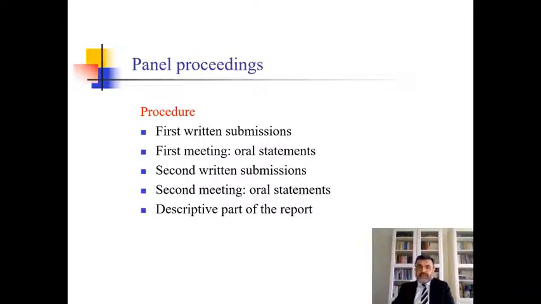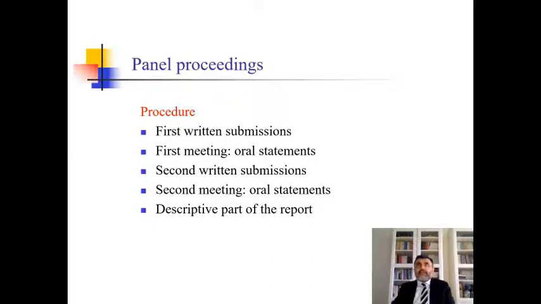The parties will make their oral presentations, followed by Q&A with the panel, and sometimes between the parties. At the end of the first meeting and the second meeting, the panels typically send written questions to the parties, to be answered in writing.